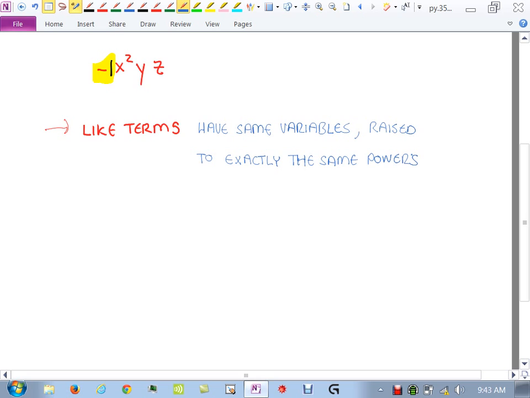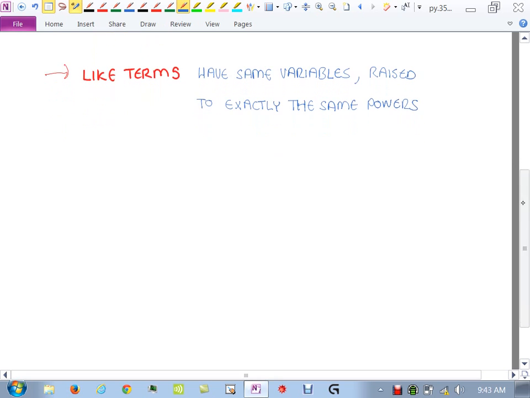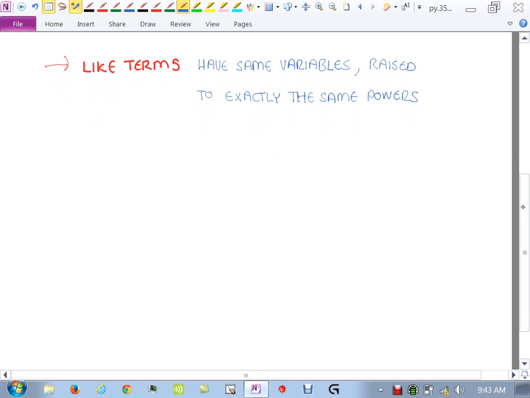Agreed? Okay. So let's see if you can tell. I'm going to do a comparison with some examples. I'm going to give you two terms, and you can tell me whether or not they're like terms. How about this one? Negative 3xy, comma, and the next one I want you to compare it to, 5xy. Are those the same? Are they like terms?